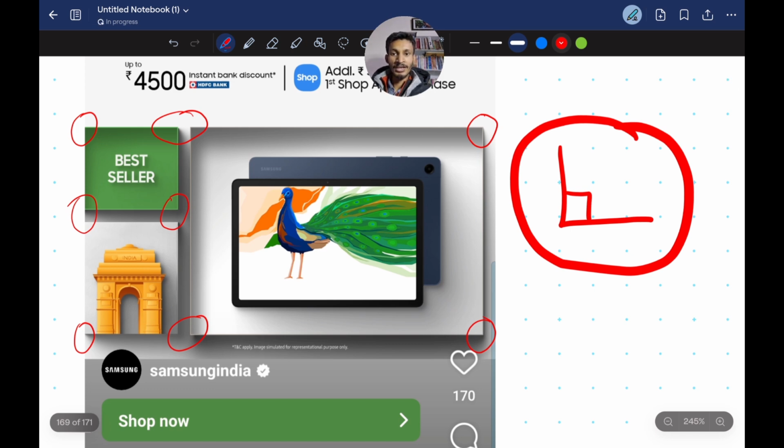Most of the companies that I know have abandoned the use of this 90-degree angle quite a long time back, right?